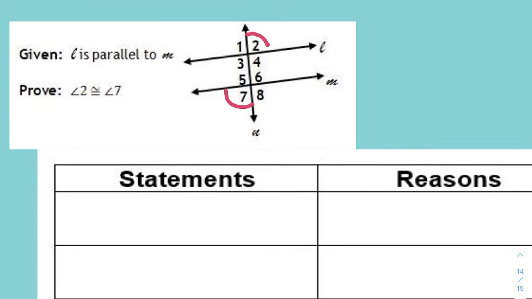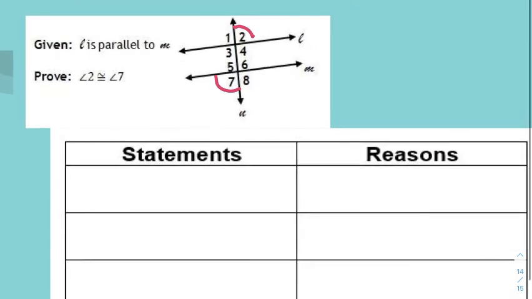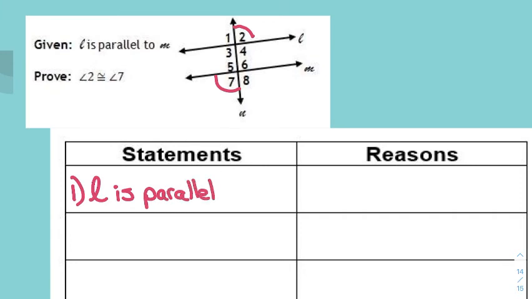All right, so let's go ahead and state our statement. Statement number 1 is L is parallel to M. And again, that is given. All right, sounds good so far.